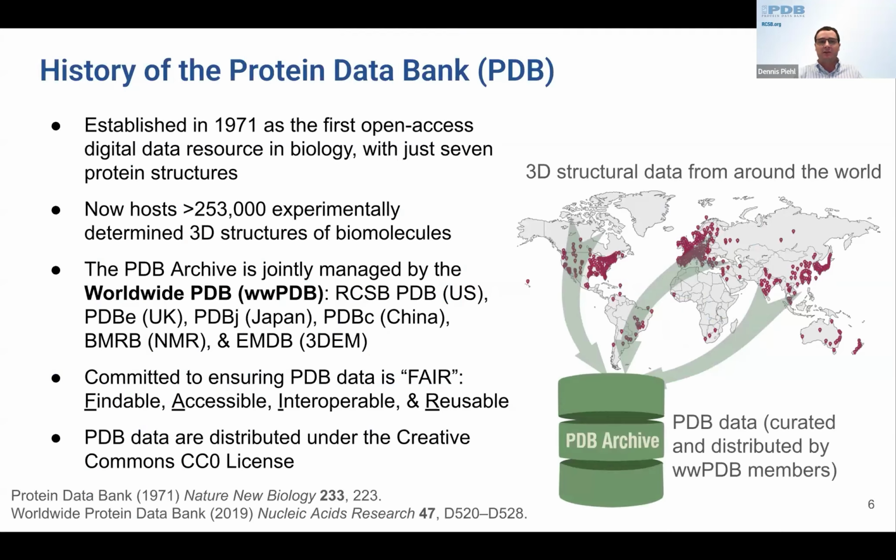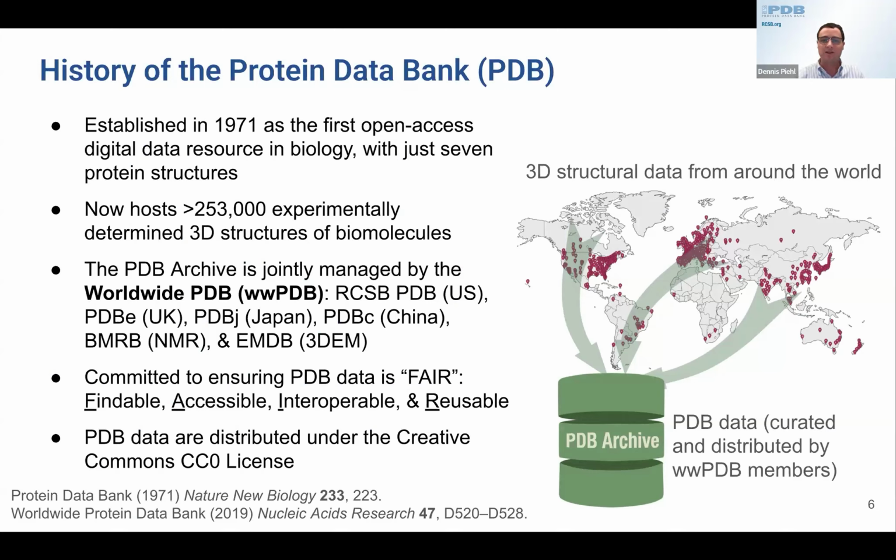The Protein Data Bank was first established in 1971 as the first open access digital data resource in biology, containing just 7 crystallographic structures of proteins. It has since grown to house more than 253,000 experimentally determined 3D structures of biological macromolecules, thanks to the tens of thousands of structural biologists around the world who submit their structures for deposition to the PDB archive.